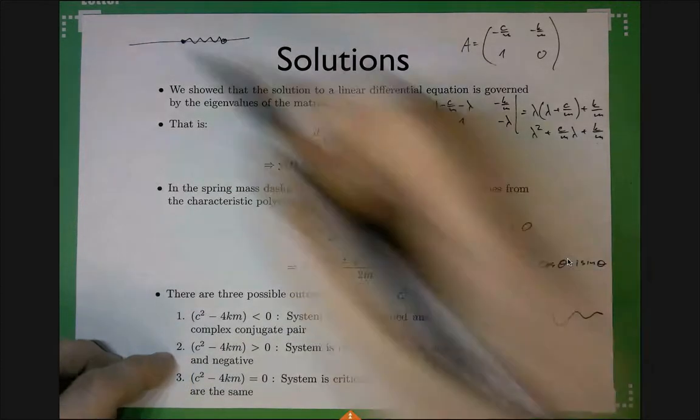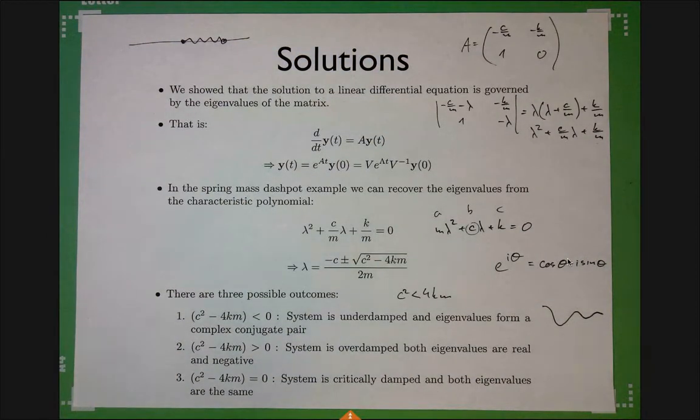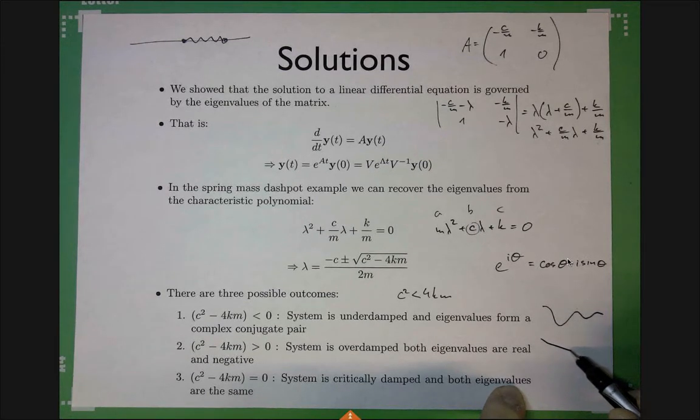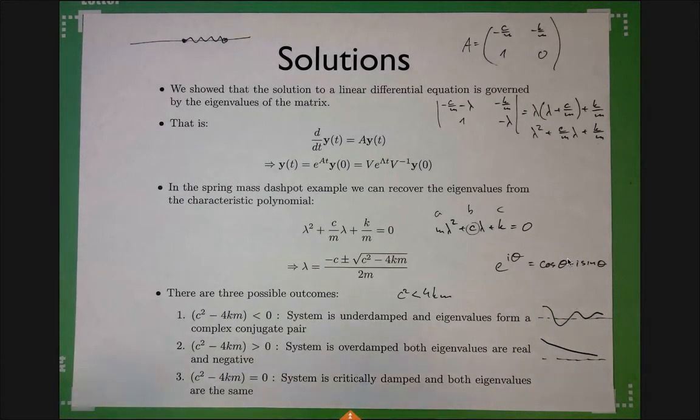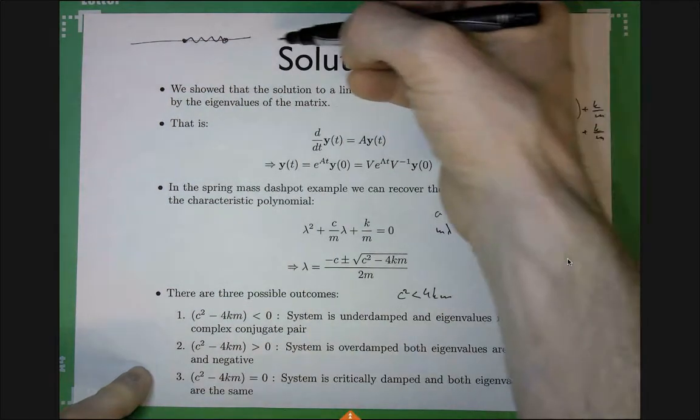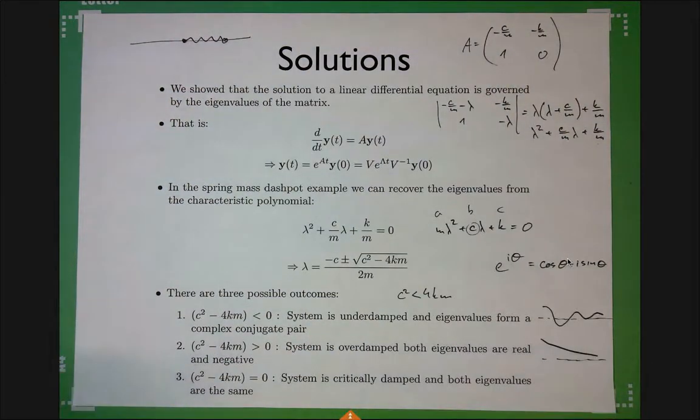Like I took this spring and put it in honey or clay or something that really resists the motion strongly. So what will happen there? It will very slowly go to zero, to the rest pose. If I stretch the spring, it will go really slowly because there's a really strong resistance.